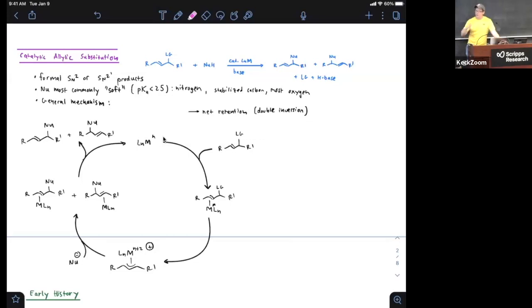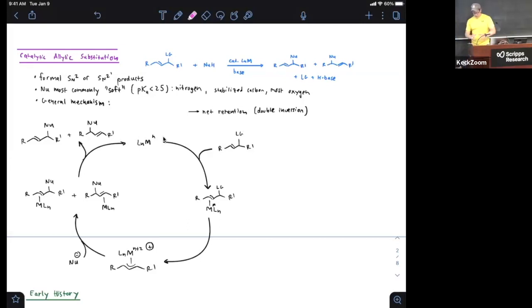So think here malonates and cousins of malonates, things that are in the pKa range below 25, and most oxygen-based nucleophiles. There are some exceptions. For example, I think carboxylates show borderline behavior where they can attack competitively as inner sphere or outer sphere.